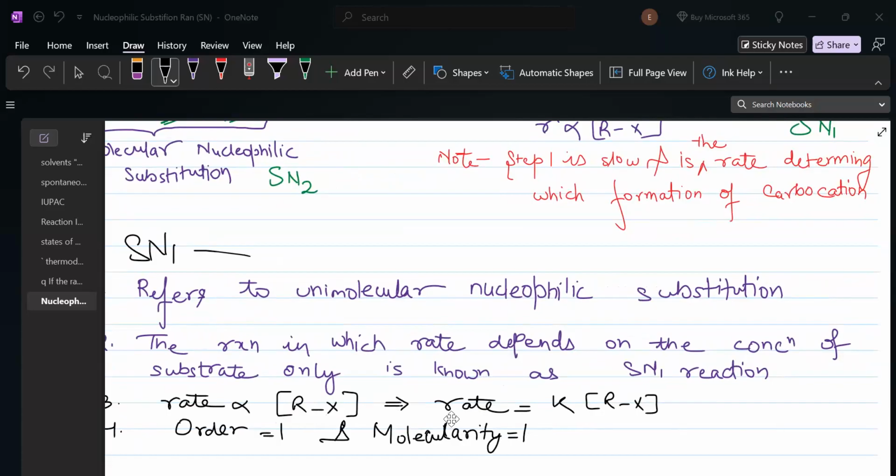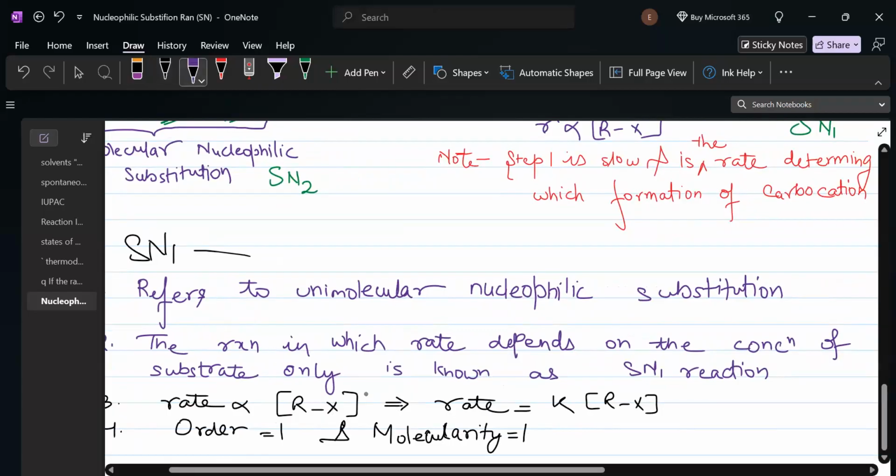So order is 1 from the chemical kinetics. As you see, this is 1 here, so order is 1, right? And the rate is dependent on only one molecule, so molecularity is also 1. Okay.